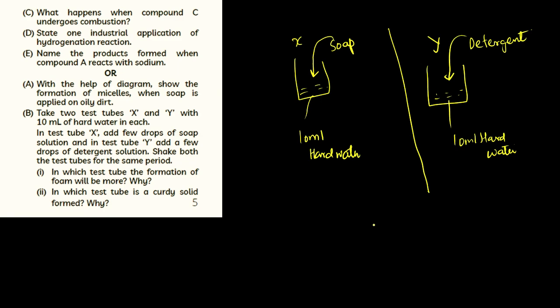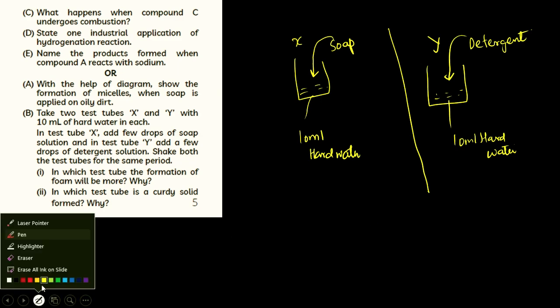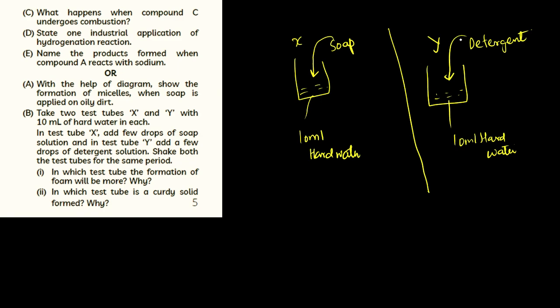First, in which test tube will formation of foam be more, and why? Formation of foam will be more in the case of detergent, because detergent works well in both hard water as well as soft water. That is why there will be more foam in test tube Y. Second, in which test tube is curdy solid formed?